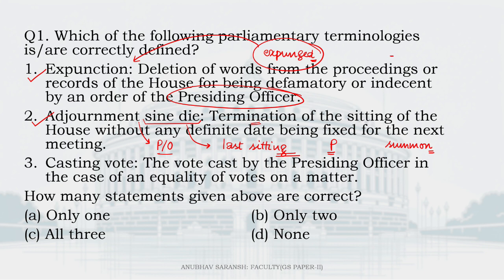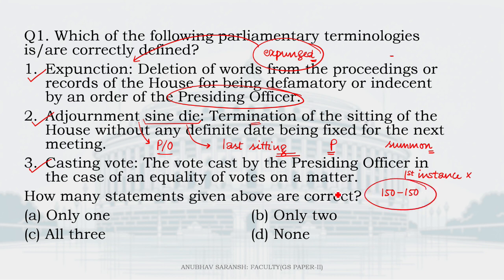Third one, casting vote. The vote cast by the presiding officer in the case of an equality of votes on a matter. Absolutely correct. See, at any point of time in the House, the presiding officer does not get to vote in the first instance. However, if it so happens that there is a tie, let's say there are 150 people who support a bill and 150 people who oppose a bill.